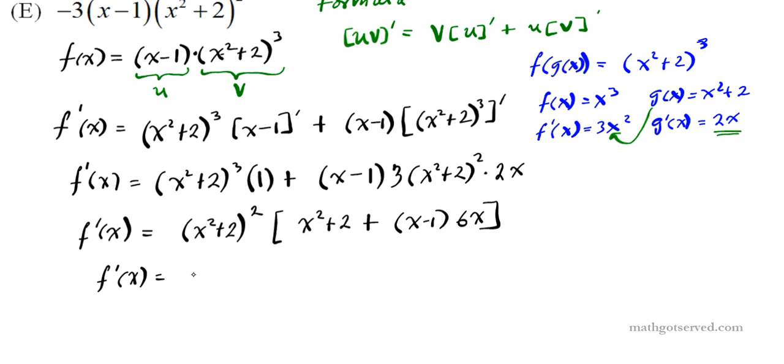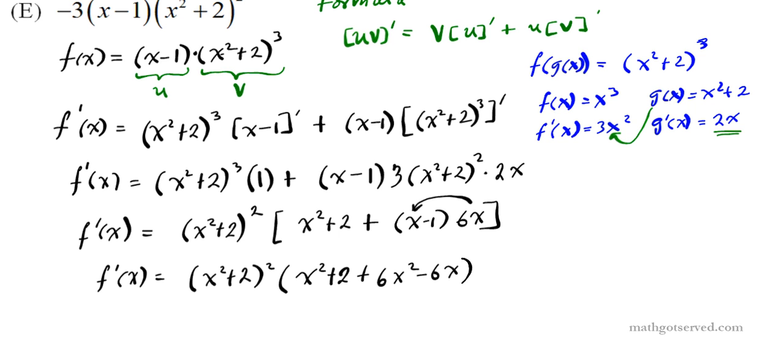So we're going to have (x squared plus 2) quantity squared times, now I have x squared. If I distribute 6x, well, let me just show you the steps so we don't get confused. x squared plus 2 plus 6x squared minus 6x. Okay?